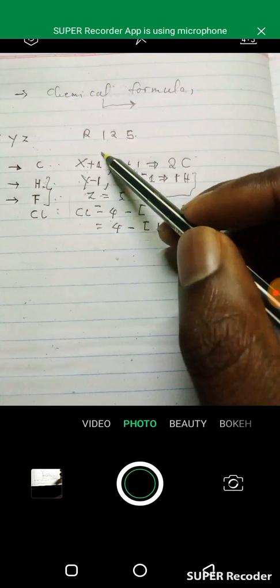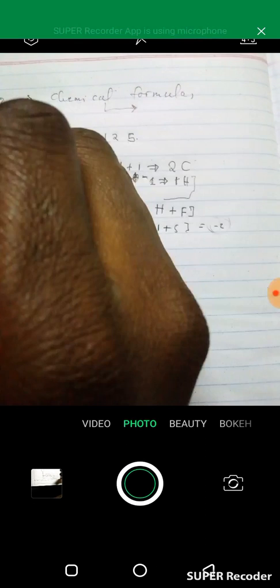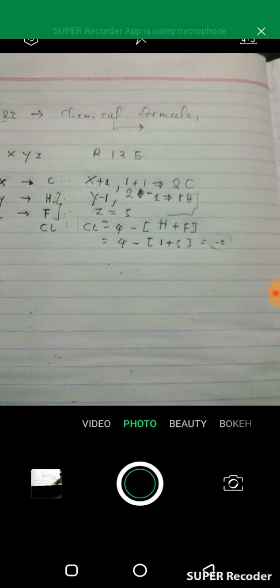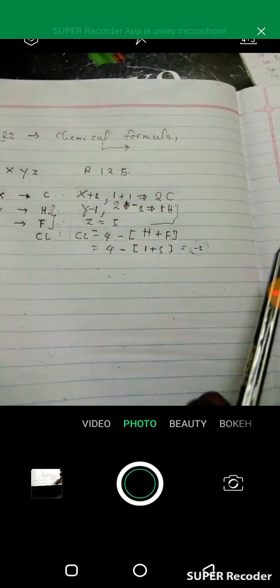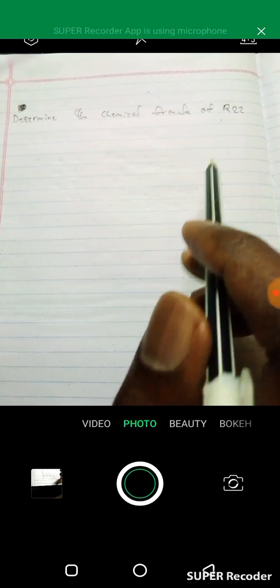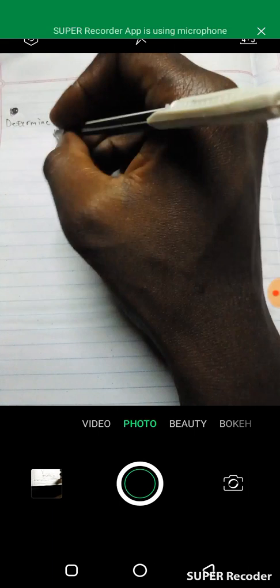So we go back to the typical formula of H2. Now the other thing, if you know something like this, it is the same as saying R0.